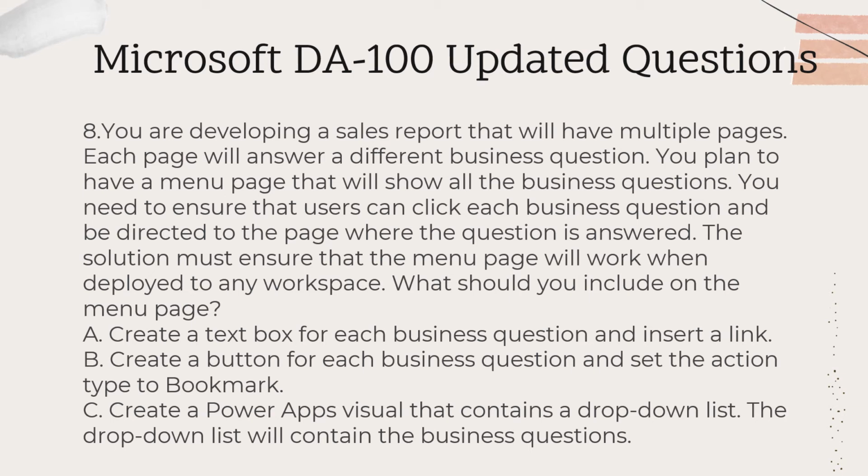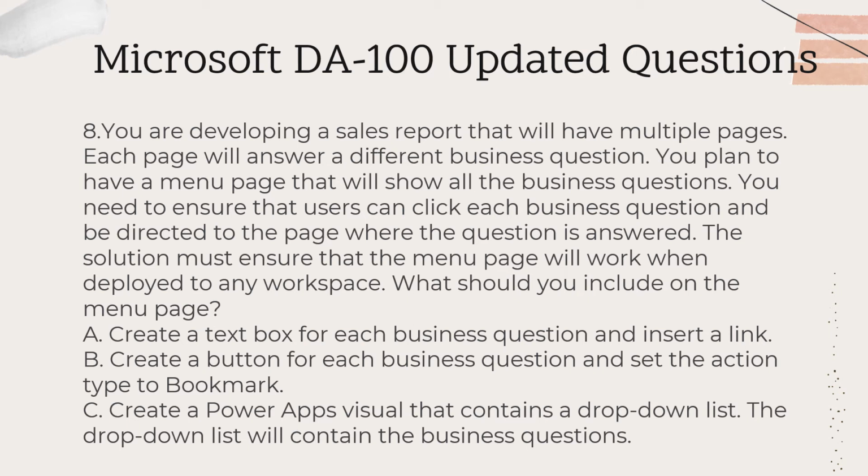8. You are developing a sales report that will have multiple pages. Each page will answer a different business question. You plan to have a menu page that will show all the business questions. You need to ensure that users can click each business question and be directed to the page where the question is answered. The solution must ensure that the menu page will work when deployed to any workspace. What should you include on the menu page?